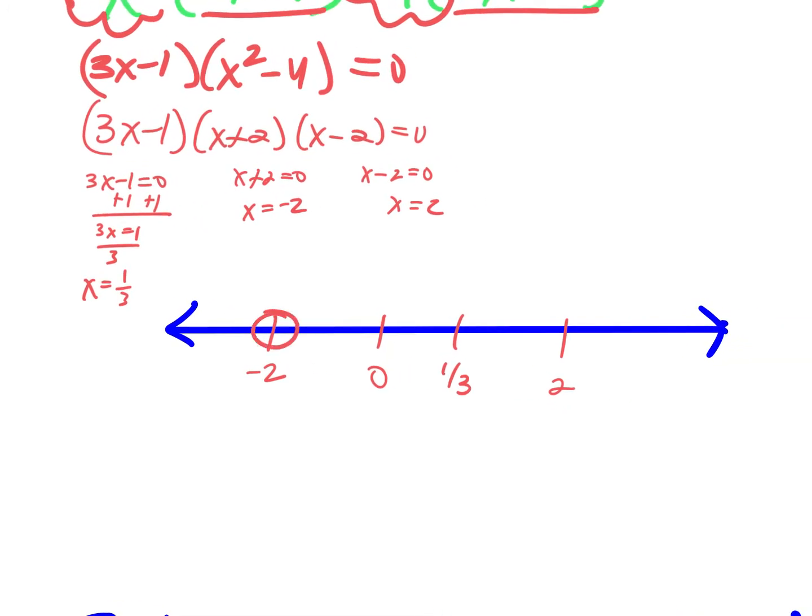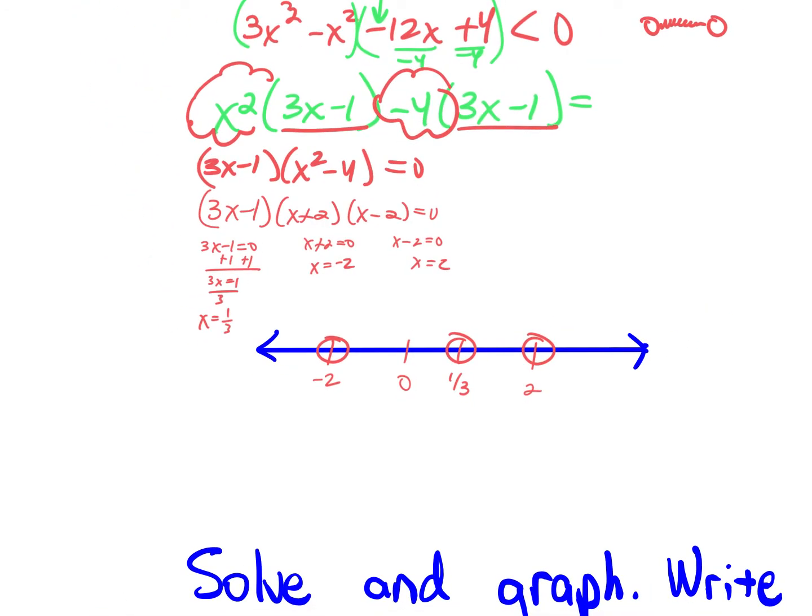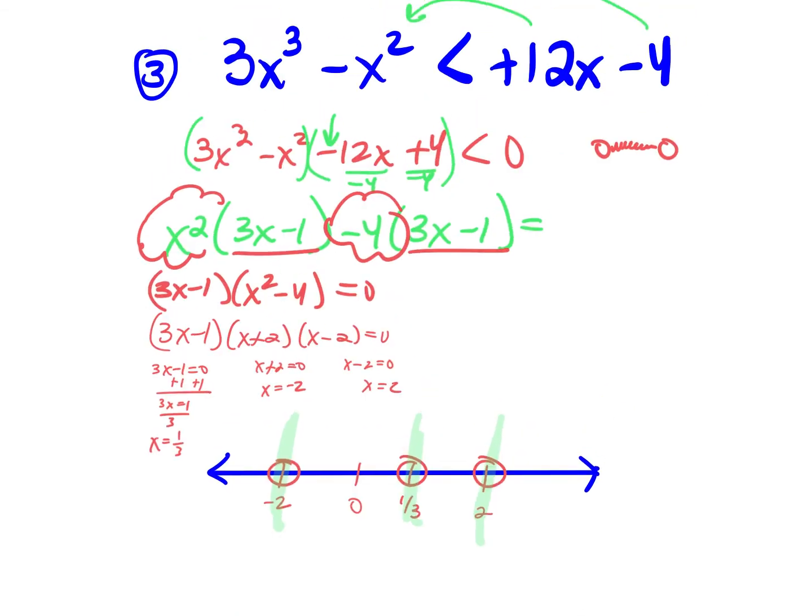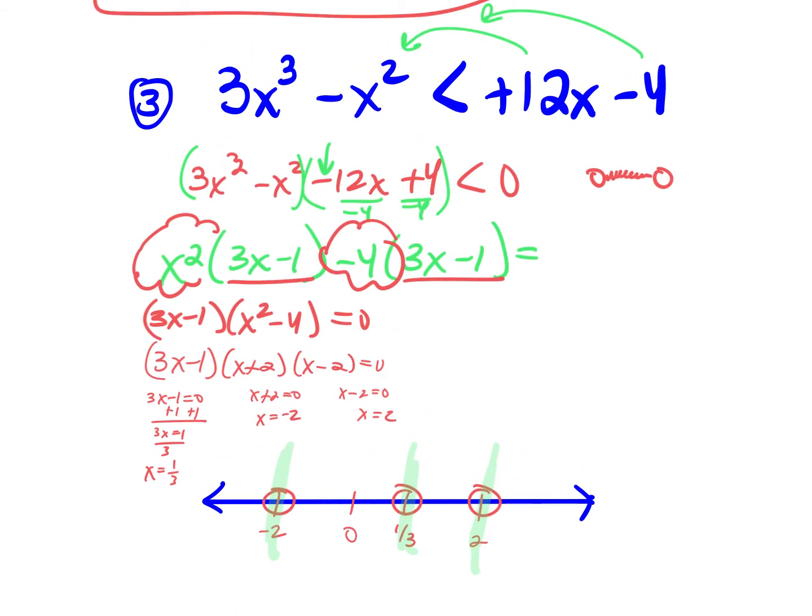So open, open, open. And now some of you were having questions. You're like, well, wait, how do I do this? Well, remember, guys, all this is just boundary lines, right? I have a boundary line here, here, and here. Pick something to the left of negative 2. Negative 3, okay? If I plug in negative 3 here, does negative 3 work? Is this going to take a second for us to do?